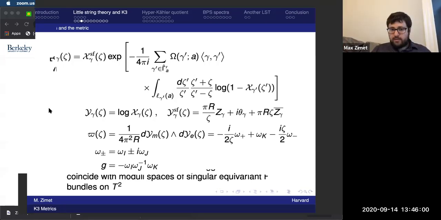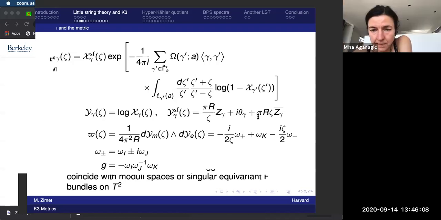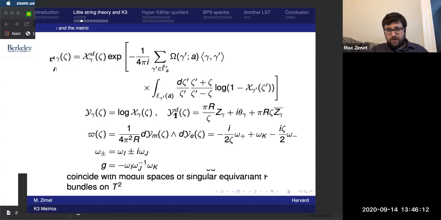That's right. And how do we know all these limits? Yeah, good. Which limit? R, yeah, sorry, the semi-flat limit, the R goes to infinity limit.